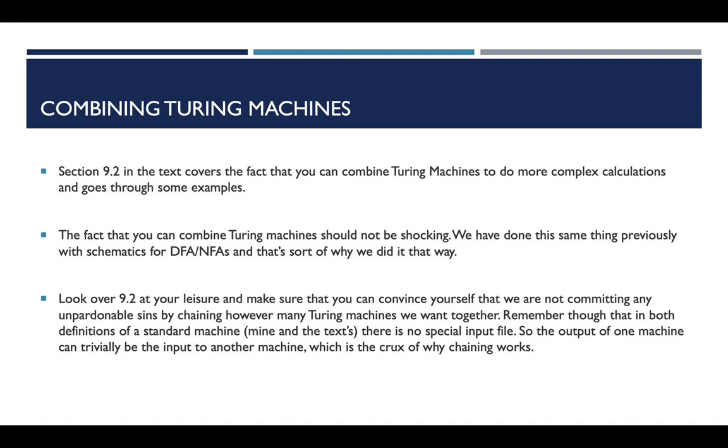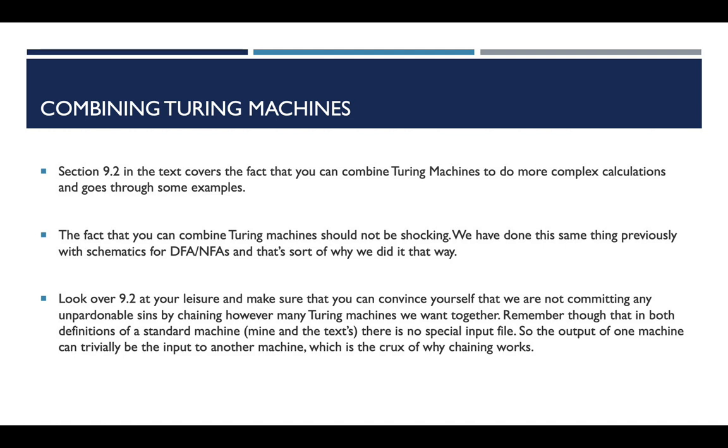And so just like we had lambda transitions between NFAs that built a larger NFA, you can have a Turing machine that starts with some input on its tape, and then the output of that machine can exist on the same tape that is then read by Turing machine 2. And the output of Turing machine 2 can be left on the same tape that is then read by Turing machine 3. And so that's the crux behind why these machines can trivially be composed together.